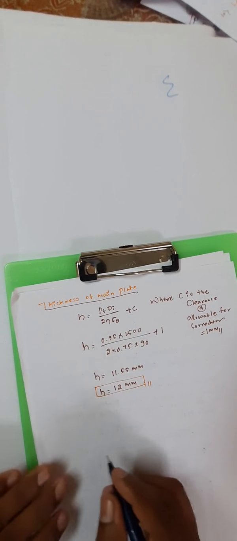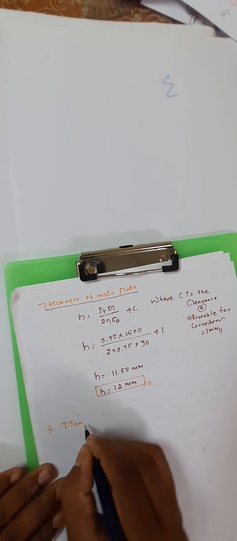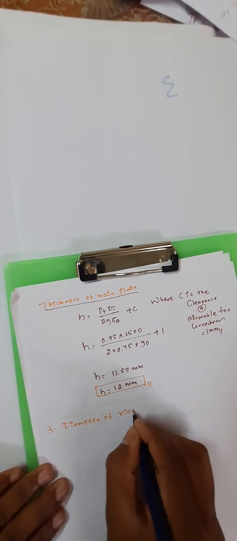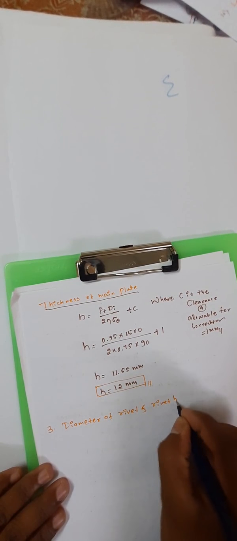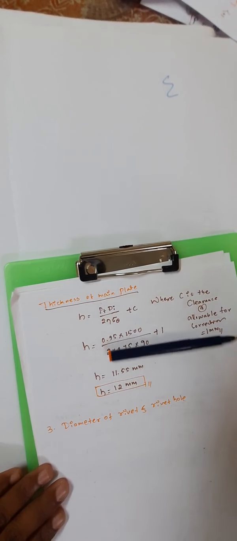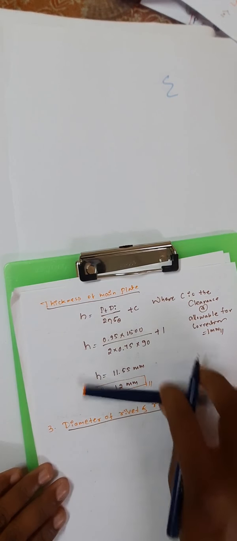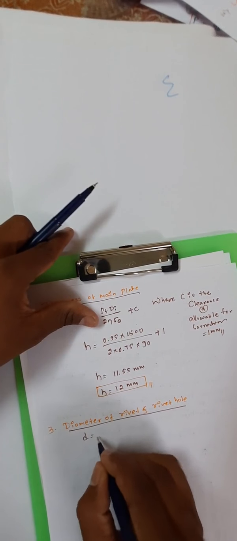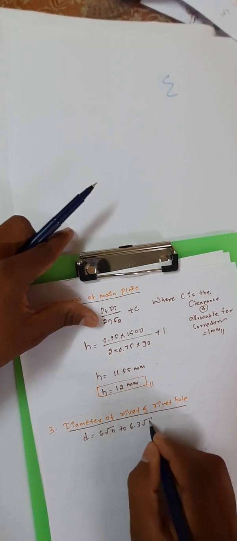Next, what we need to find out? We need to find out the diameter of the rivet as well as the rivet hole. So, the equation is d is equal to 6 root h to 6.3 root h.